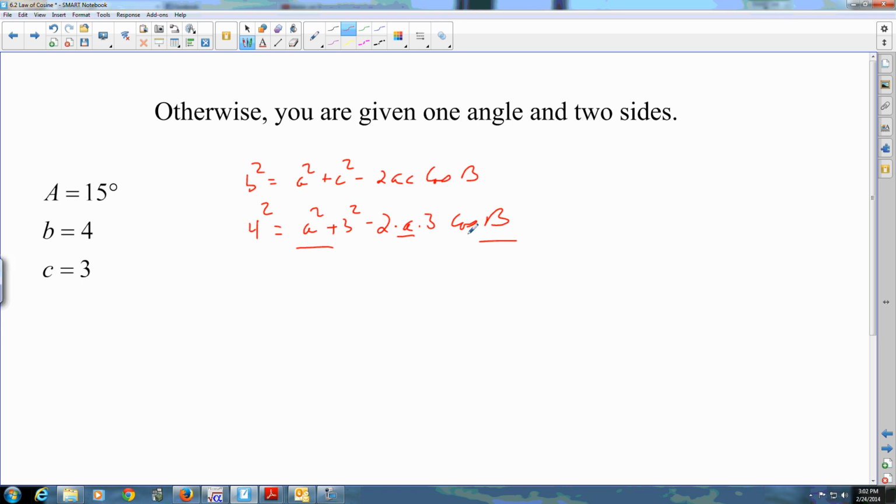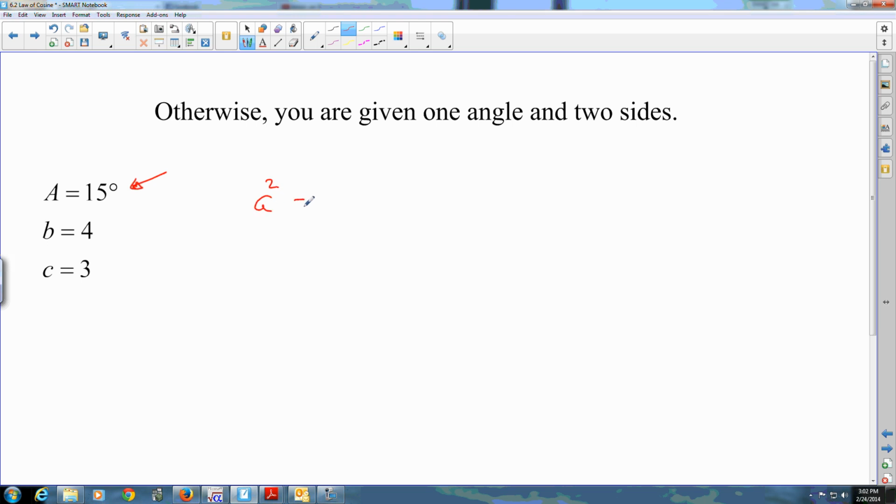So how do you know which one to start with? You start by finding the side that's opposite that angle. So it's a squared that you have to find first. So a squared equals 4 squared plus 3 squared minus 2 times 4 times 3 times the cosine of 15 degrees. To solve for a, you just have to square root both sides.